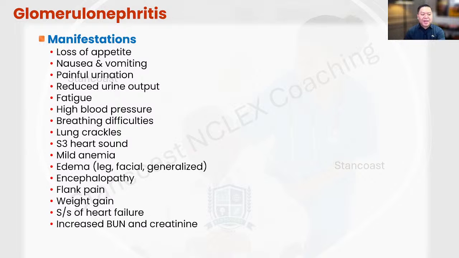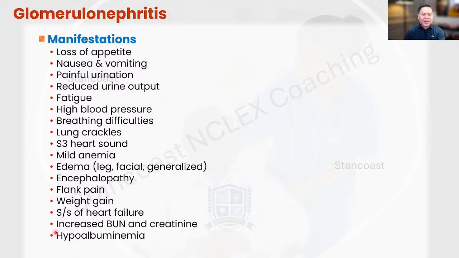Now, another manifestation here is the increasing blood urea nitrogen and creatinine. And these are the two waste products that should be filtered by the kidneys. But then again, these two will elevate when there is glomerulonephritis because the rate of filtration has been impaired. Now, the next one is hypoalbuminemia, the main actor here.